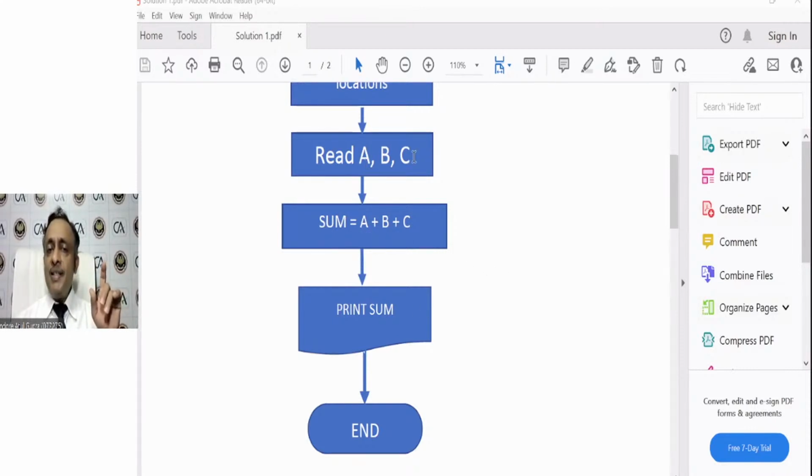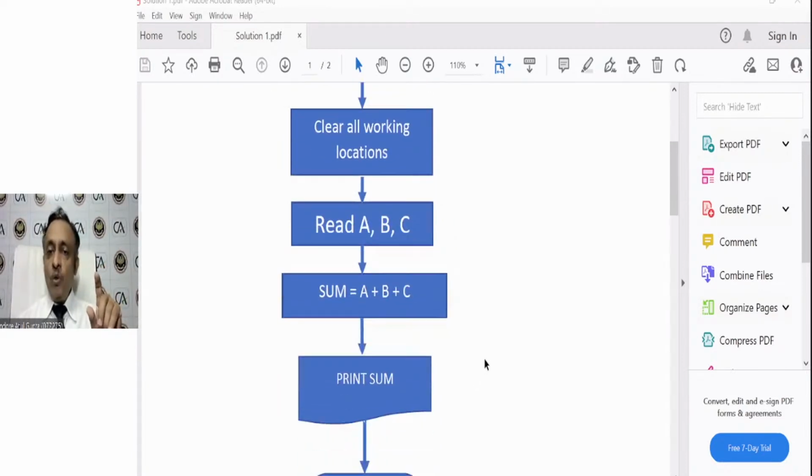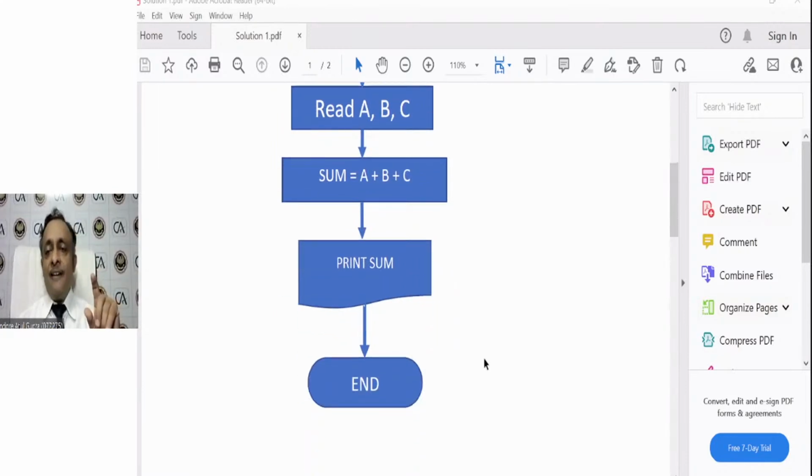ABC are values. They may be stored in a database or fed by the user into the system. When you say sum is equal to A plus B plus C, sum is again a defined variable, which takes the value of A plus B plus C. Then print sum. Just remember this command, print sum. And at the end of the flowchart, you have to use the same oval symbol to end it. So: start, CAWL, read ABC, sum equals A plus B plus C, print sum, end.